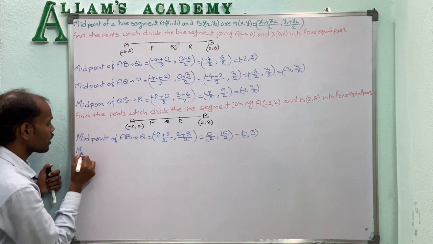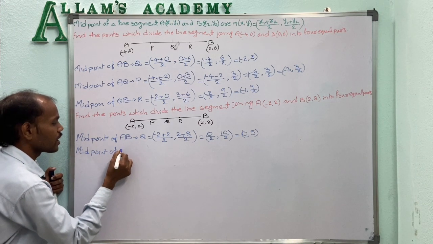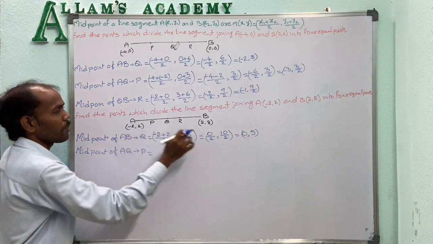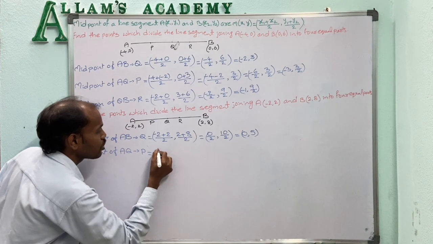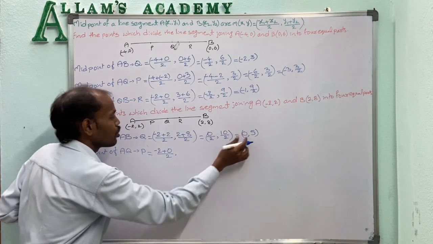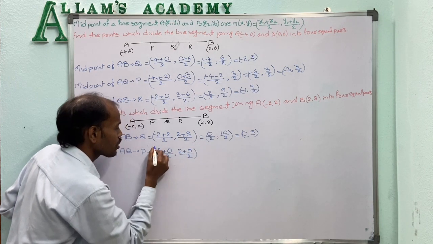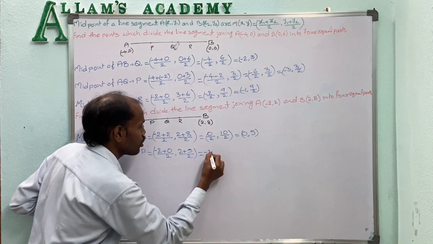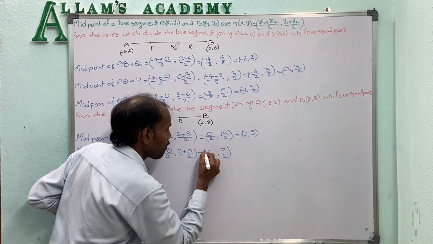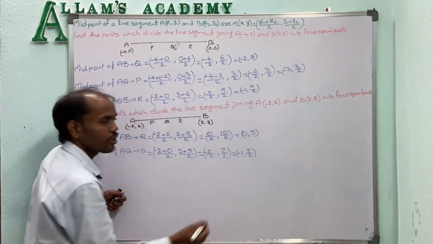Now finding the midpoint of AQ. So that AQ is nothing but the point P. So (x1 plus x2), minus 2 plus 0 by 2, (y1 plus y2), 2 plus 5 by 2. Minus 2 plus 0 is minus 2 by 2. 2 plus 5 is 7 by 2. Minus 2 by 2 is minus 1, comma 7 by 2.